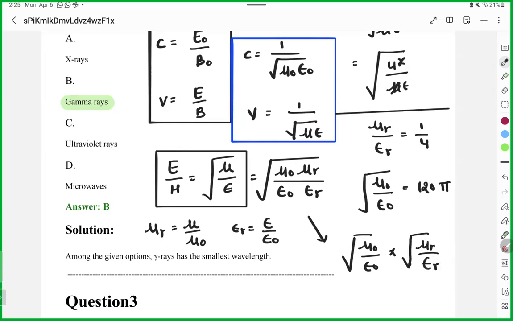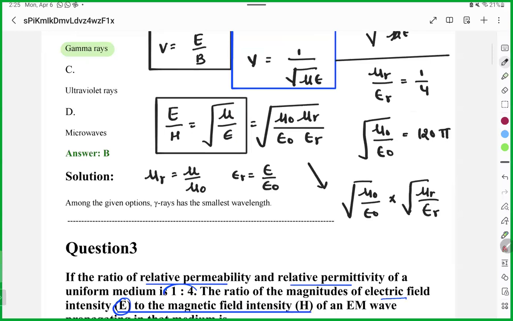Any doubt? No, sir. If you see this E by H value, nu naught by epsilon naught under root is 120 pi, multiplied by nu r by epsilon r, which is 1 by 4. Their under root will be 1 by 2. Correct? 60 pi.